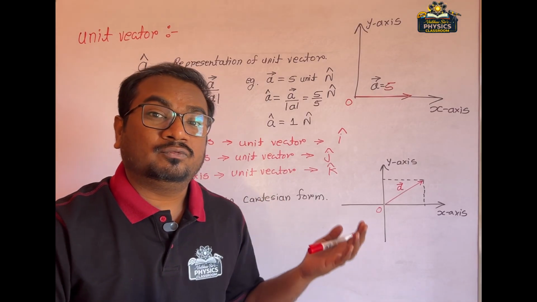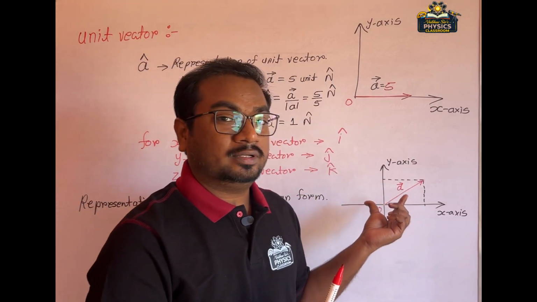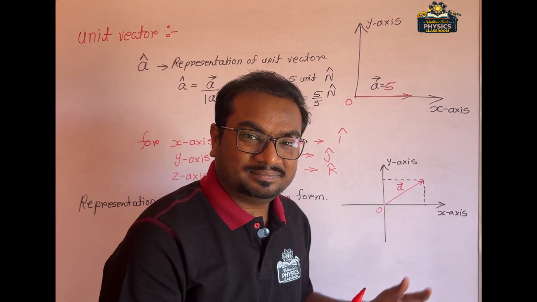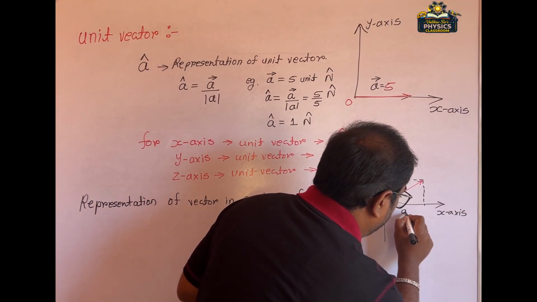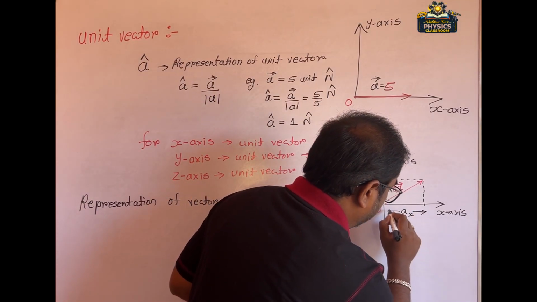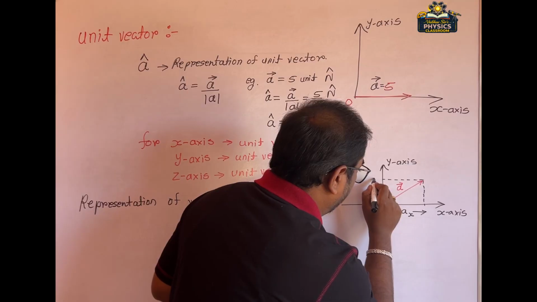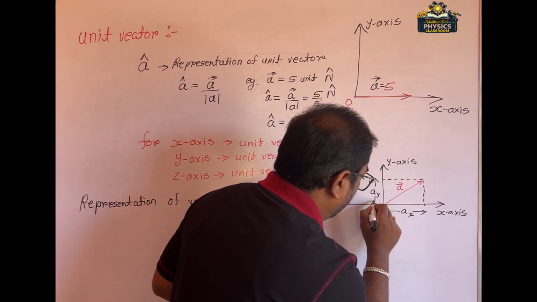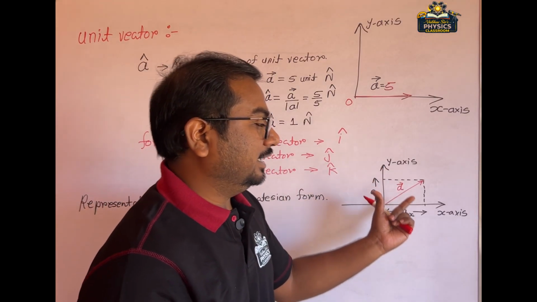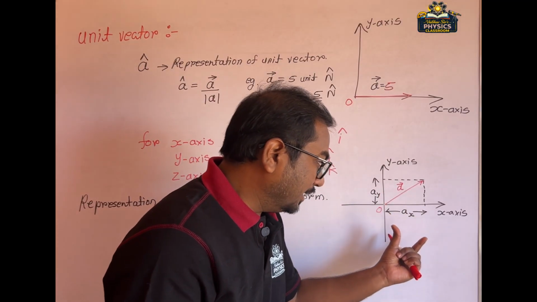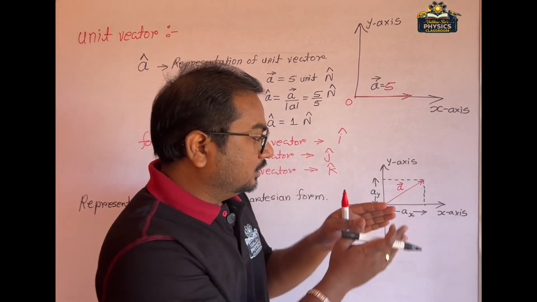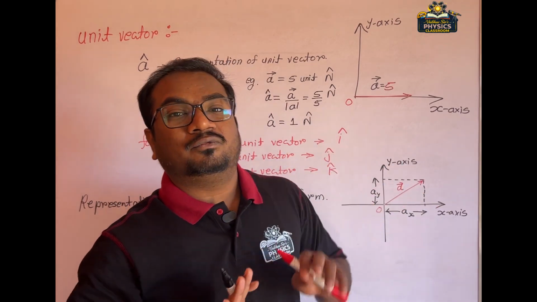So we get the components: this is the magnitude of the vector on the x-axis, and this is the magnitude of vector A on the y-axis. So we can segregate the components on the x-axis and y-axis.